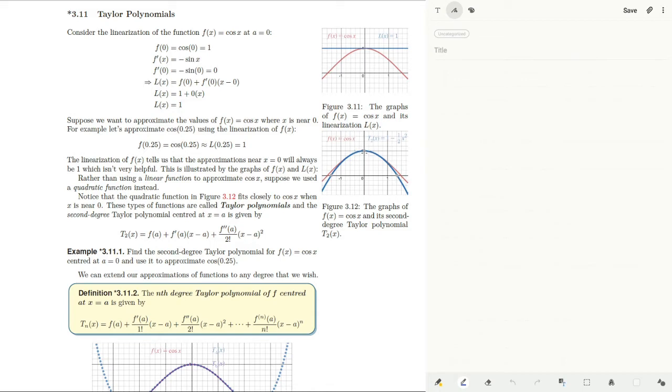And so we can use this second degree Taylor polynomial to get a better approximation for the cos of 0.25. So let's find the second degree Taylor polynomial for the cos of x centered at 0, and we'll use it to approximate the cos of 0.25. So the second degree is given by f of 0 plus f prime of 0 times x minus 0 plus f double prime of 0 over 2 factorial times x minus 0 squared.